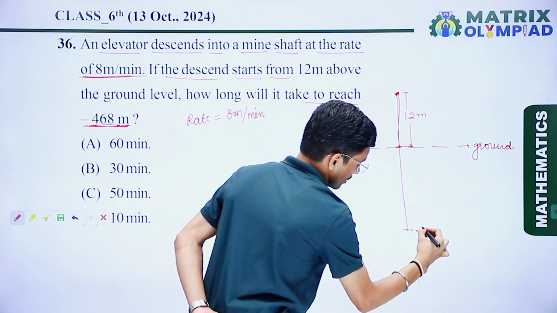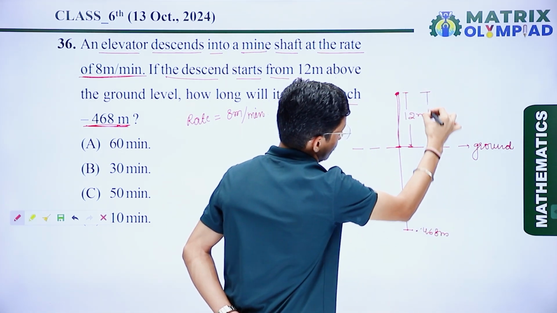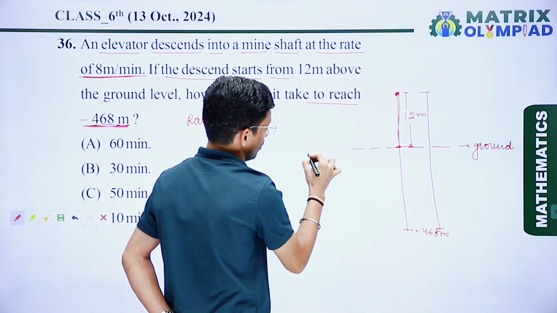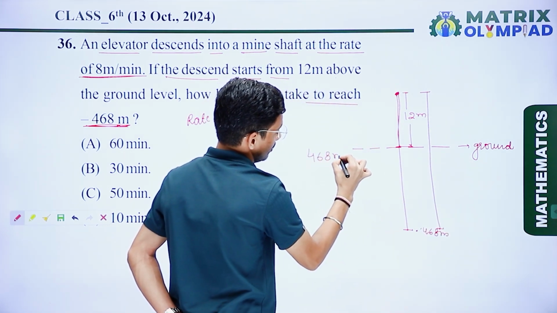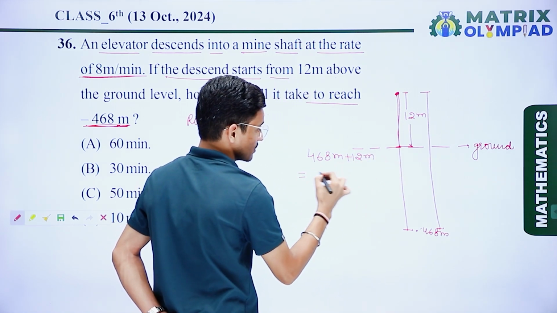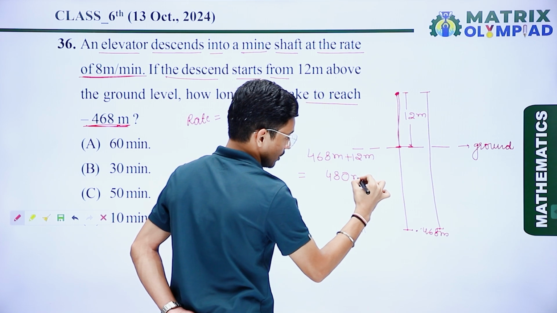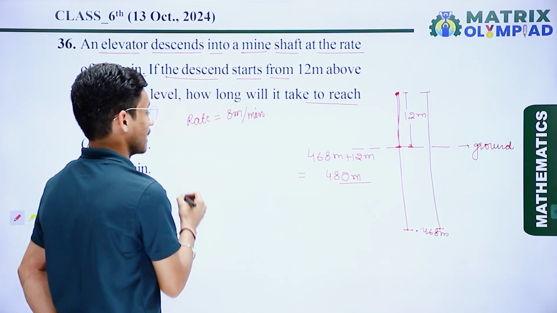So let's assume this one is 468 meters. So the distance from this one to this one is 468 meter plus 12 meter. So if I add this, here I get 480 meter.